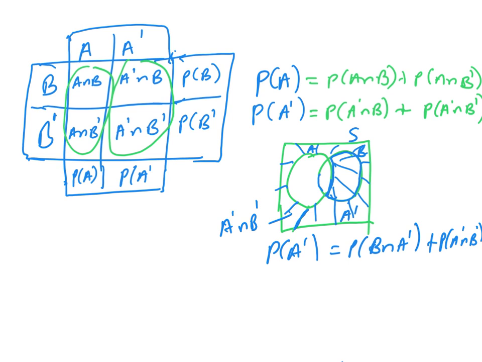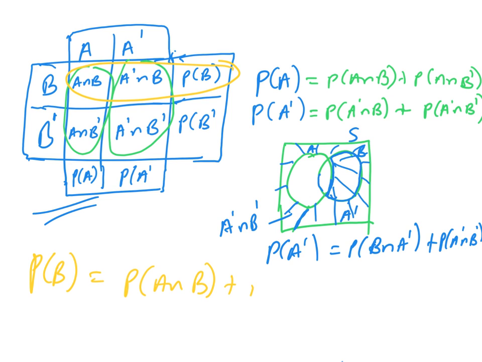So this table is really very important. It can give you anything. If you want the probability of B, you will check here. The probability of B is the probability of A intersection B plus the probability of A complement intersecting B. Look at this other pattern and compare with this; they are different.